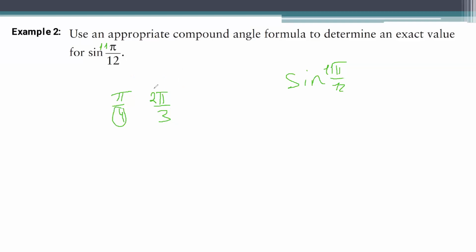So why did I choose 2 pi over 3? Because in order to get 11 pi, I need to somehow express the sum of these two special angles, because I want to use the compound angle formula.